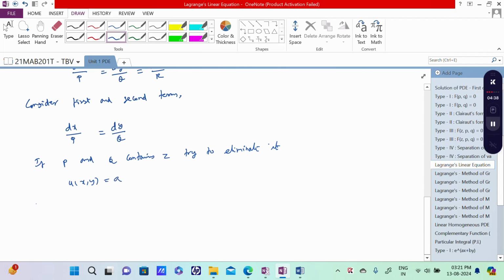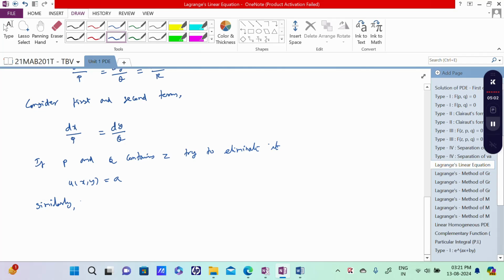Similarly, take another two terms. We have already considered 1 and 2, so now we should consider 2 and 3, or 1 and 3.